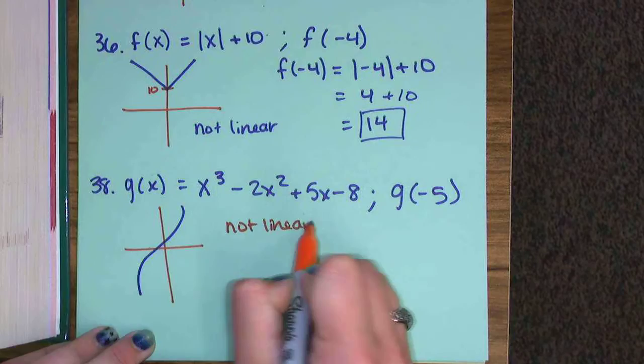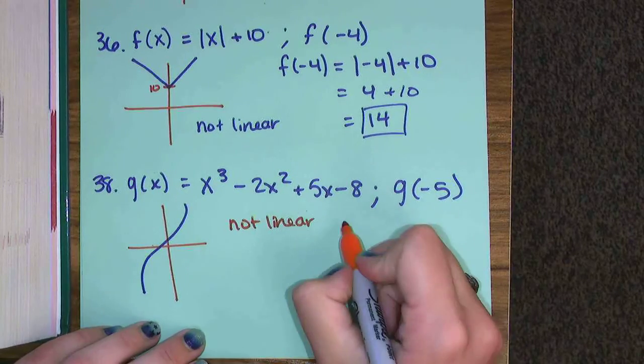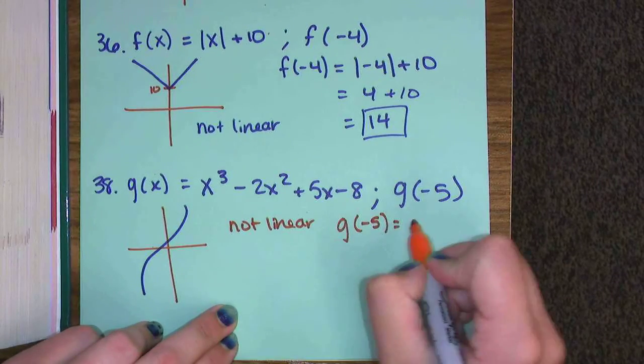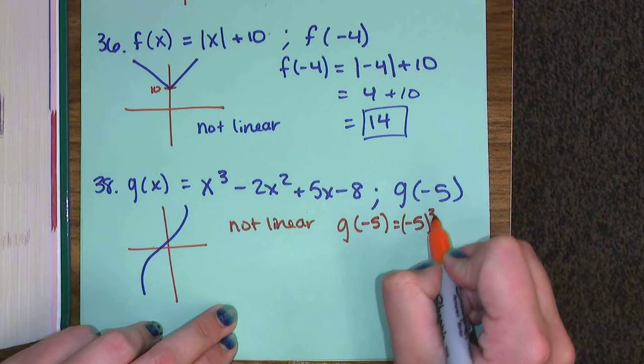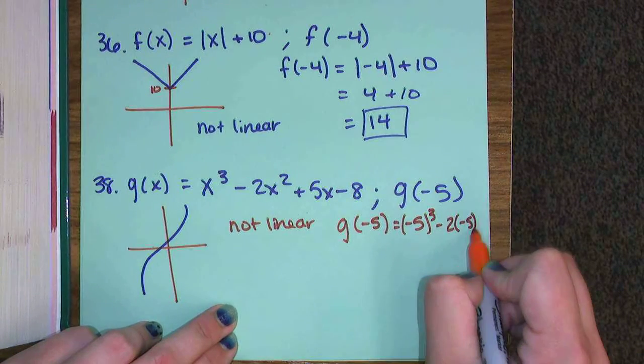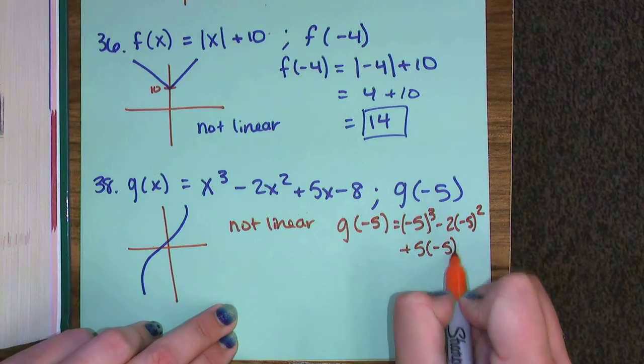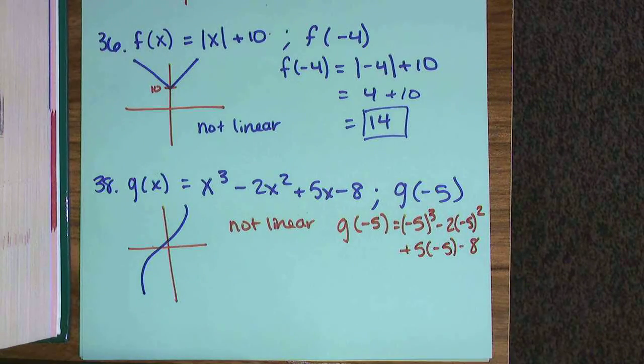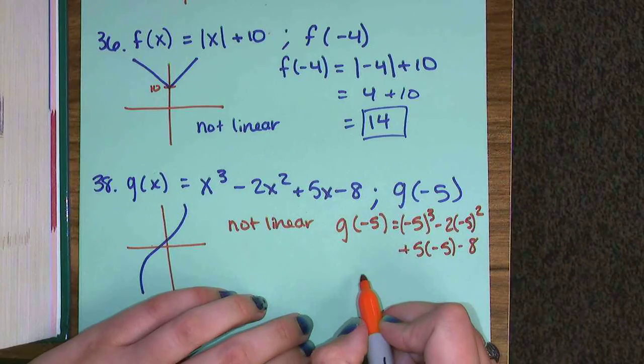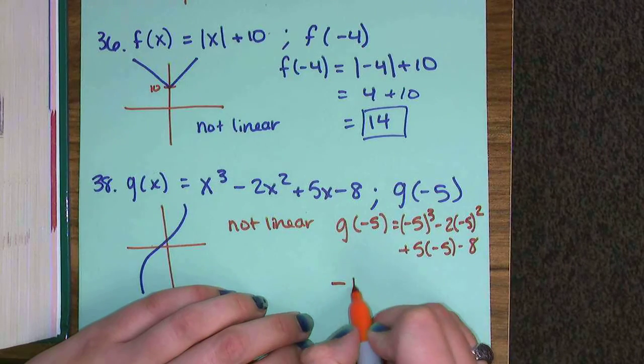And now we need to plug it in and solve it. g of negative 5 is equal to negative 5 cubed minus 2 times negative 5 squared plus 5 times negative 5 minus 8. What's negative 5 cubed? Negative 125.